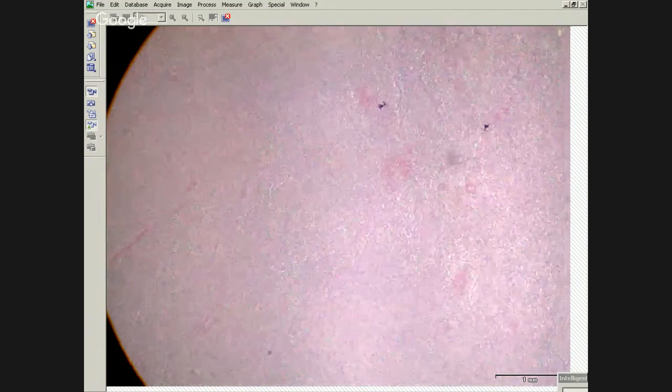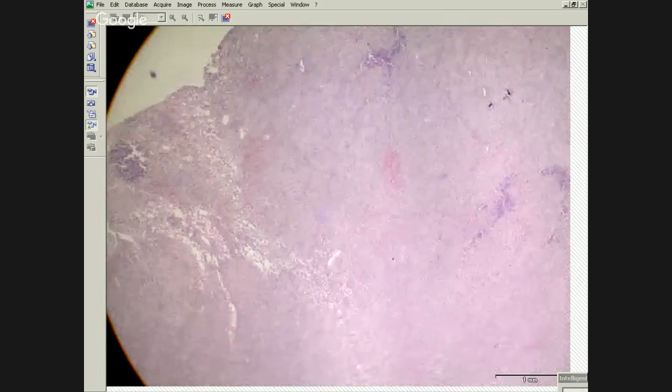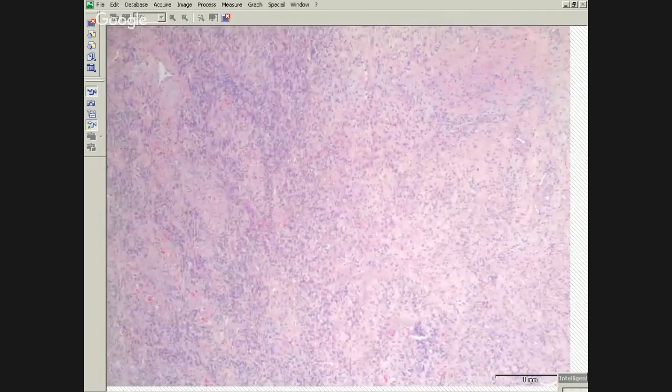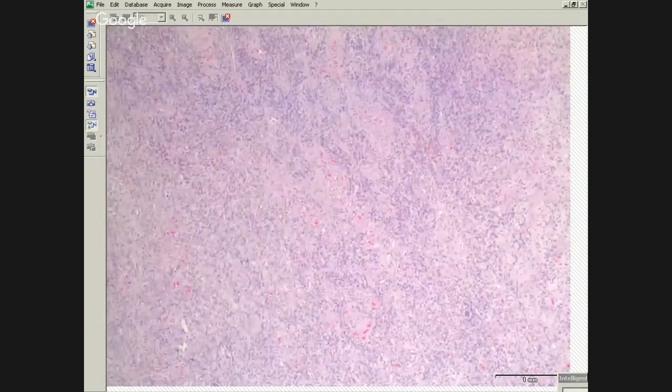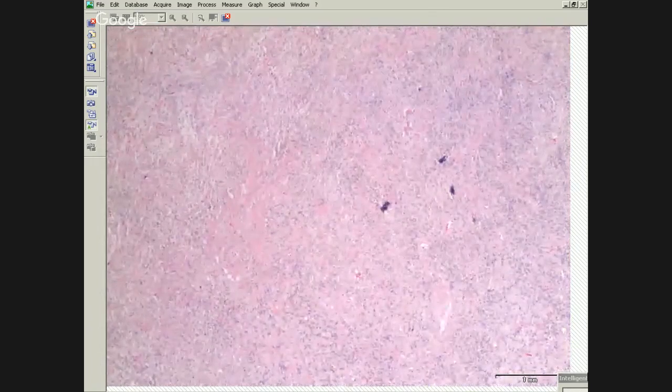Okay. Oh, we're going to get through these, it looks like. So here's one that's just a mass. Mass of the pleura. So again, solitary, diffuse, what is it? A single tumor? Single mass.